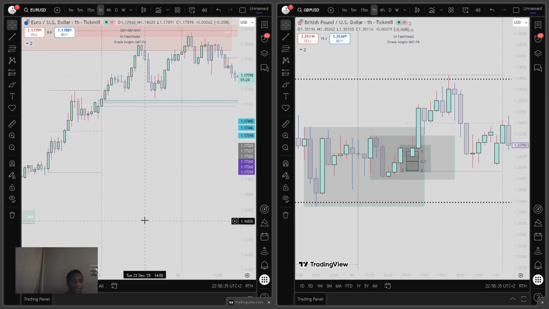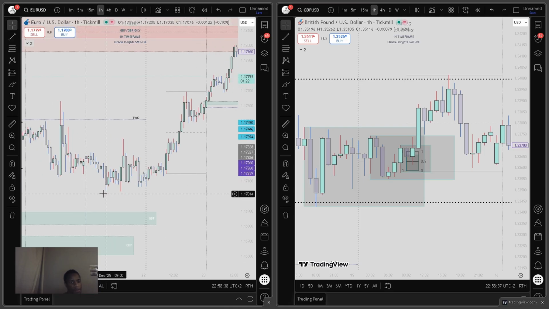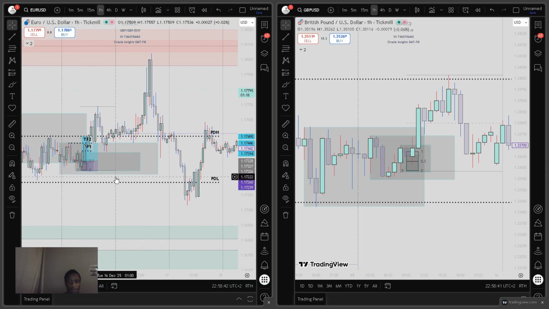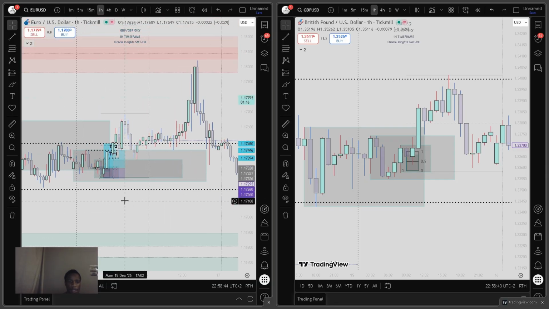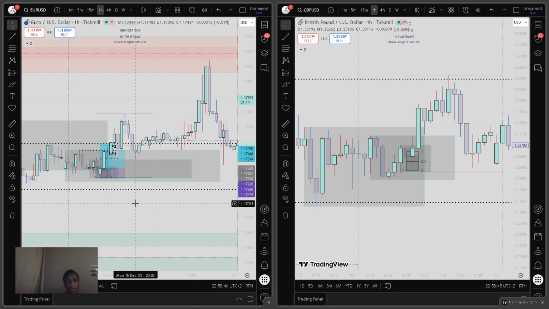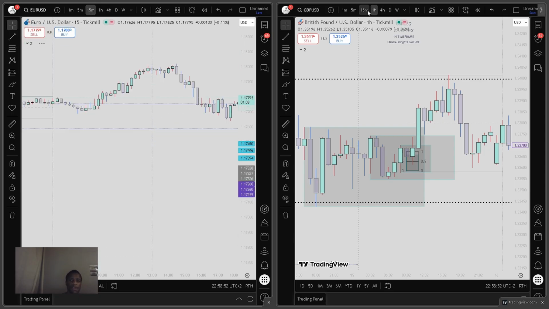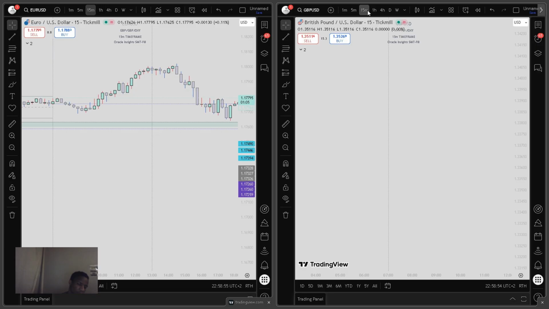So far so good on both assets. Even though GBP USD wasn't that promising, it's looking like it's following that bullish intent after all, right? There we go. Order block, breaker structure to the upside. So then after that we go on to the 15 minute. Looking for what? Yep, you guessed it. Looking for breaker structure and order block to the upside.